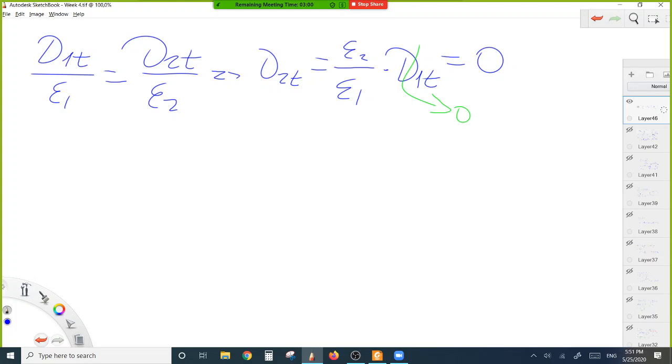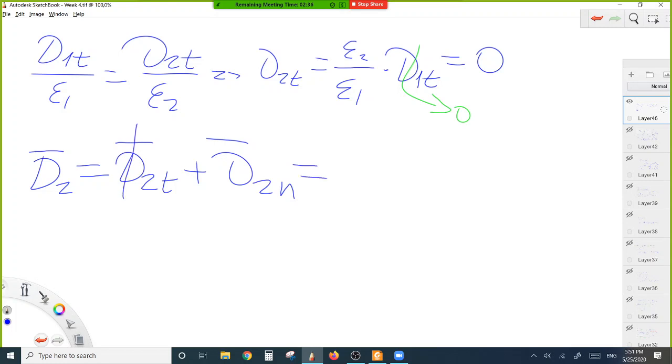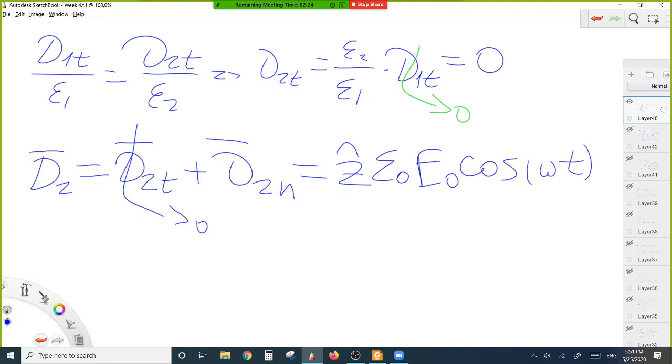Now the electric flux density in the second medium is the tangential component plus the normal component. The tangential one is 0. The normal component is Z epsilon 0 E0 cosine omega t.